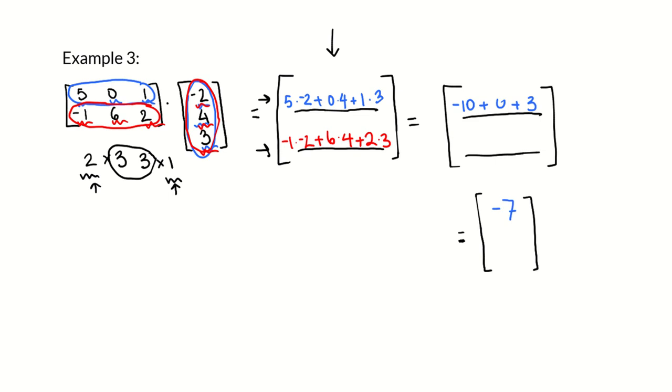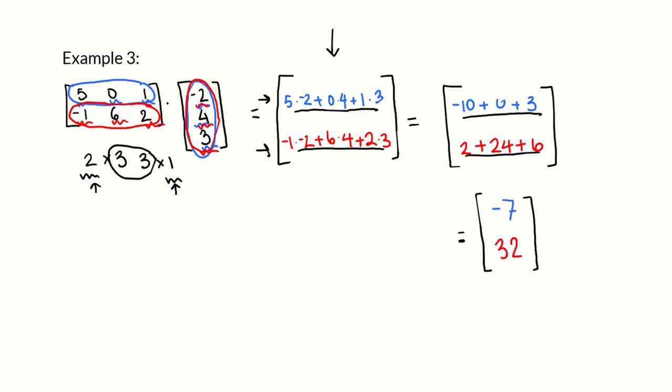That is negative 1 times negative 2 is 2, 6 times 4 is 24, 2 times 3 is 6. So adding all of those entries together, we get 32 for the bottom entry of this column answer matrix.